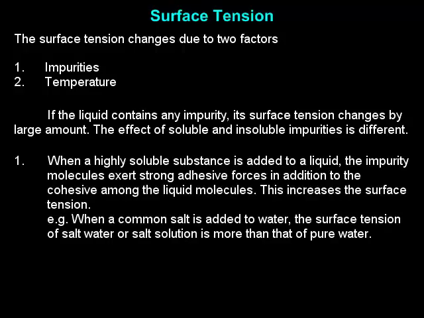When a highly soluble substance is added to a liquid, the impurity molecules exert strong adhesive forces in addition to the cohesive forces among the liquid molecules. This increases the surface tension. For example, when common salt is added to water, the surface tension of salt water or salt solution is more than that of pure water.